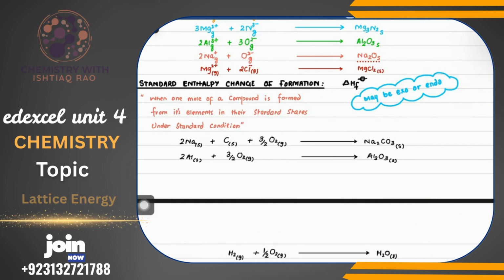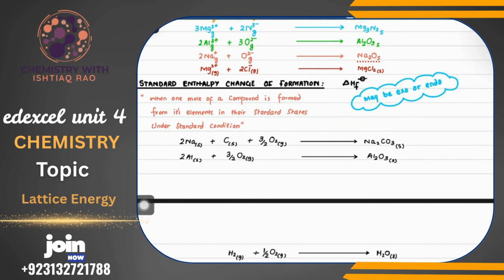After solving, sometimes we got a positive answer, sometimes a negative answer. If we got the positive one, the process is endothermic. If we got the negative one, the process is exothermic. That's why I have written it may be exothermic, it may be endothermic, depending on the values of the reactants and the products.